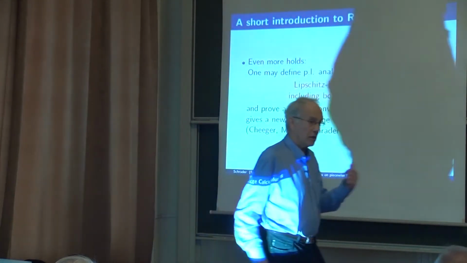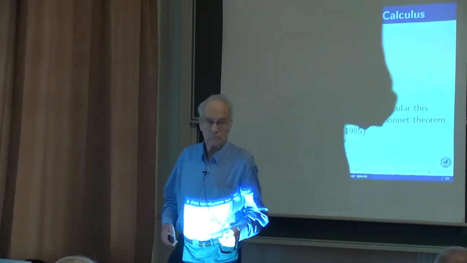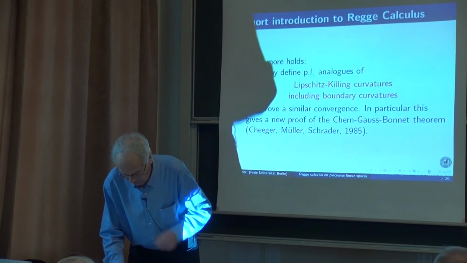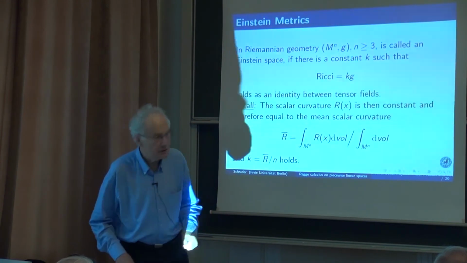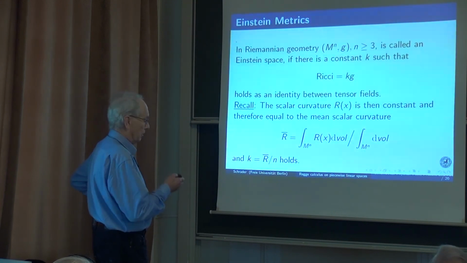Chern-Gauss-Bonnet says you can express the Euler characteristic in terms of a curvature density. So this is a brief review, and then we finish this and never return to this.